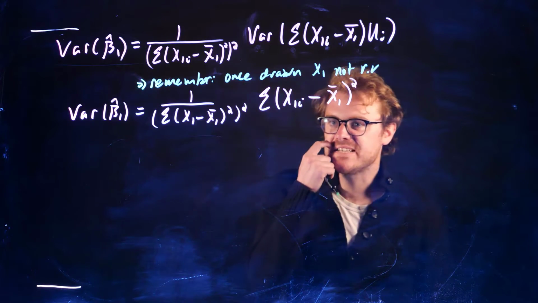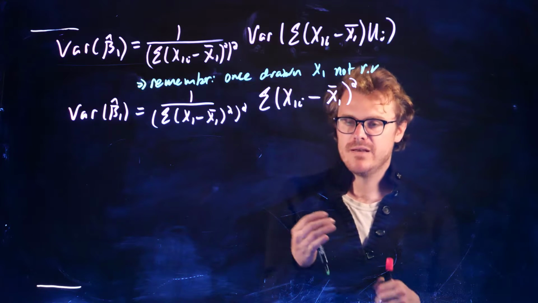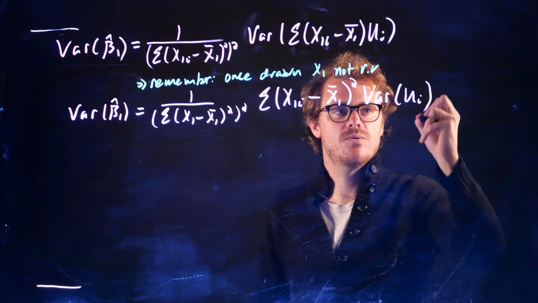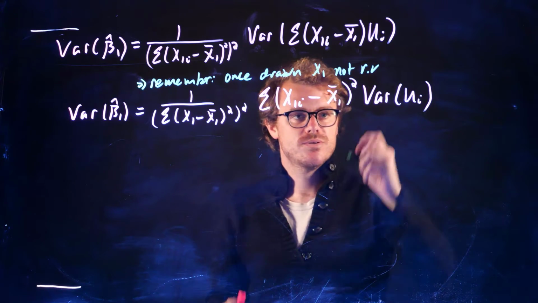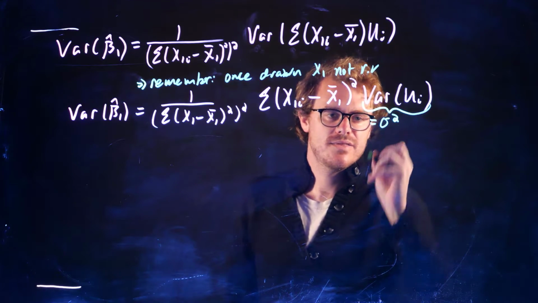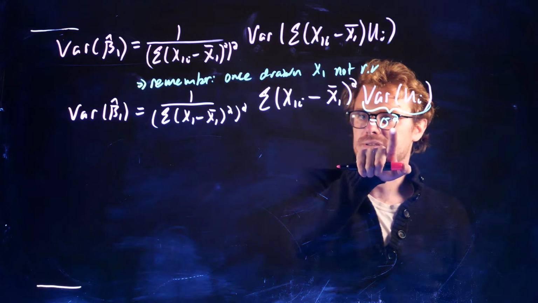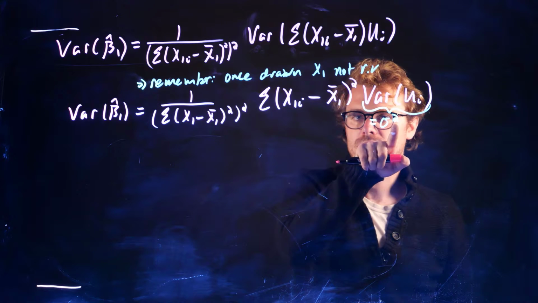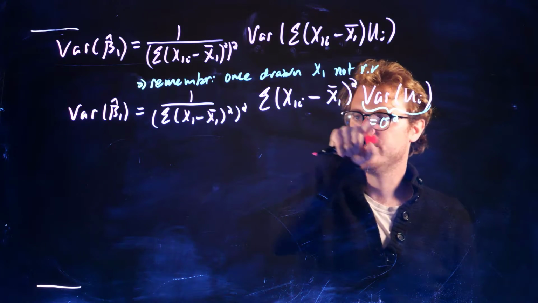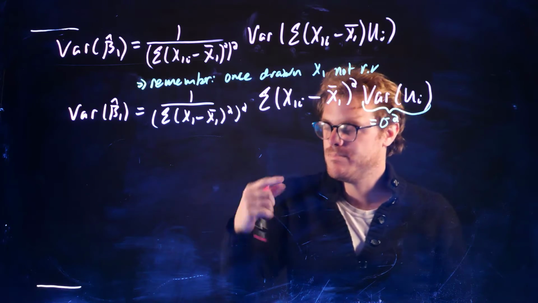Remember, when you take a constant outside the variance, you square it, but that's still multiplied by the variance of ui. And the assumption we just made of homoscedasticity is that this equals some constant, sigma squared. So if we're multiplying this whole sum by a constant, we can take that out of the sum.